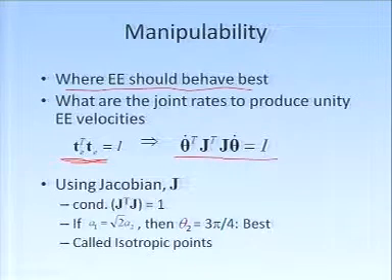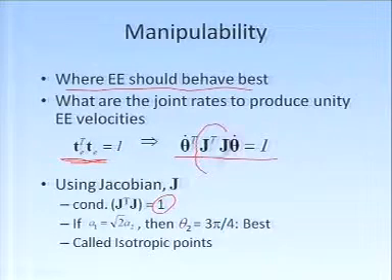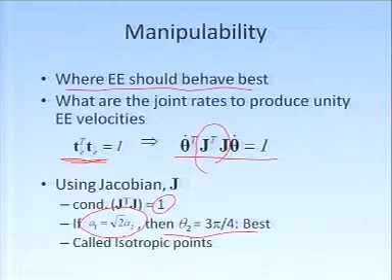And there, if the condition number of this one is 1, then we can find some configuration, that means theta 2 is 3 pi by 4 for this kind of link length ratio.